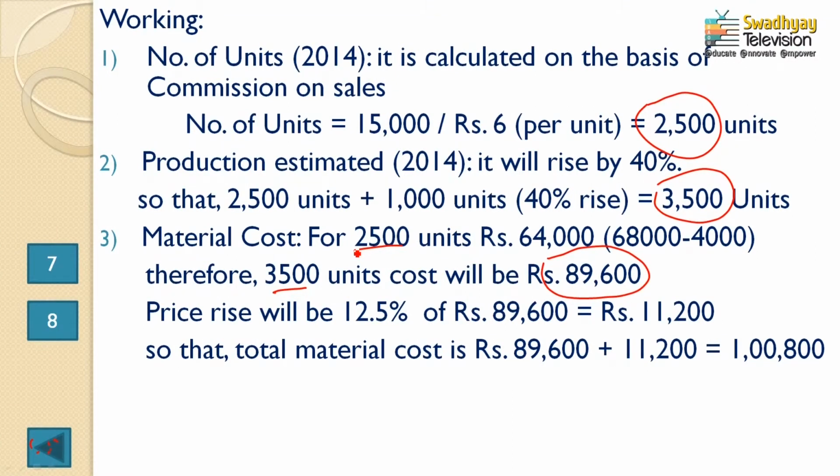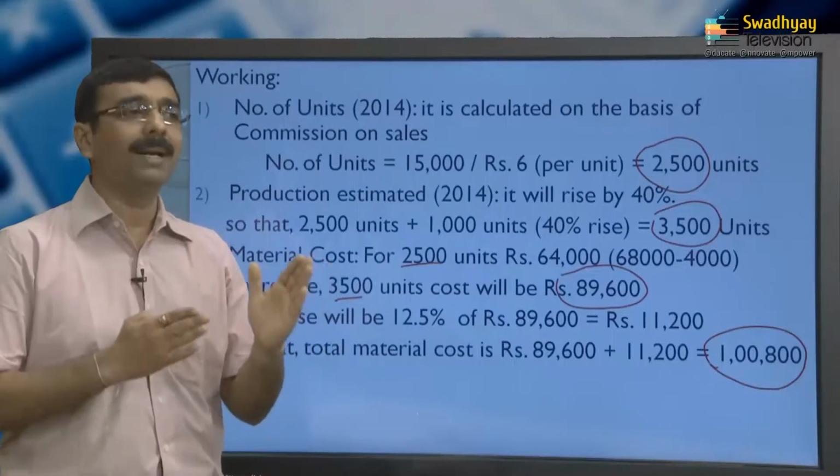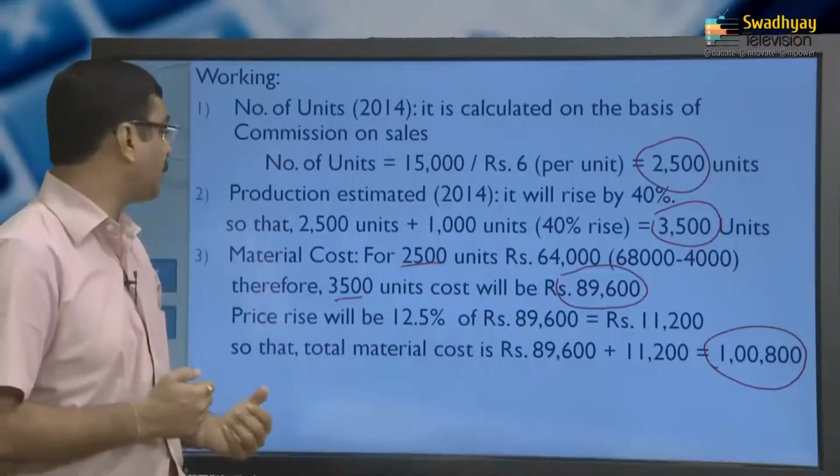So 89,600 is the material cost for 3500 units, and 12.5% on this is around 11,200 rupees. So 89,600 plus 11,200, the total material cost would be 1,800,000 rupees for the year 2014.